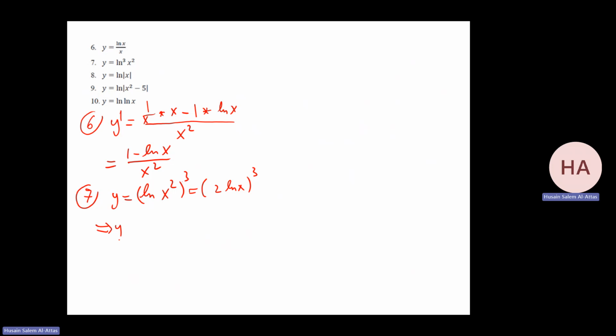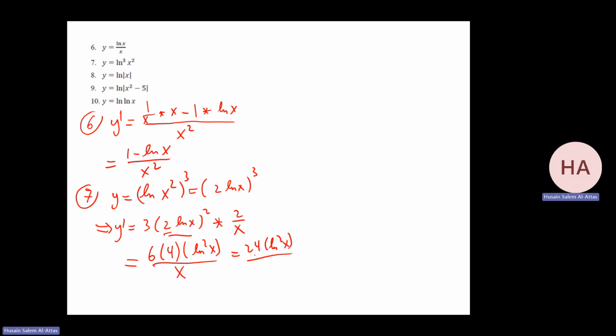So y prime will be 3 times ln x squared, times the derivative of this, which is 2 over x. That gives me what? Yeah, 2 squared with 2 gives 4. So I have 6 times 4 times ln squared x over x. So it will be 24 ln squared x over x.